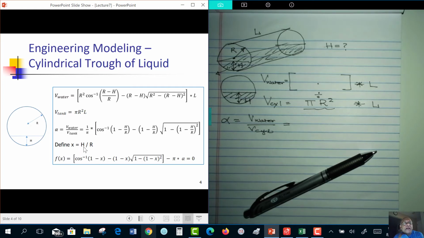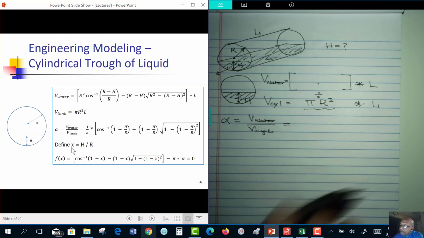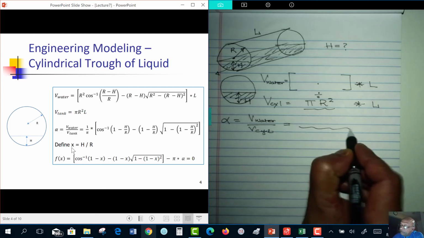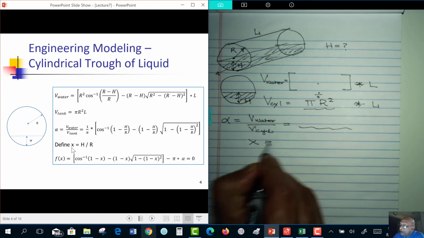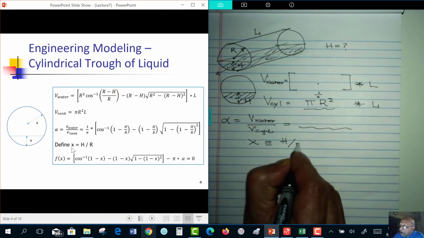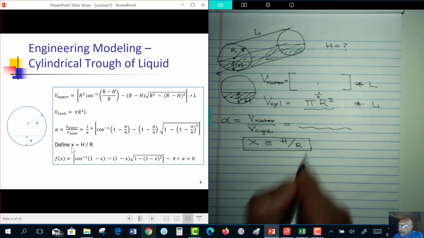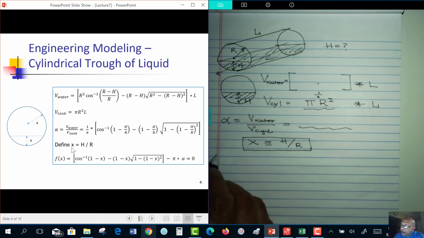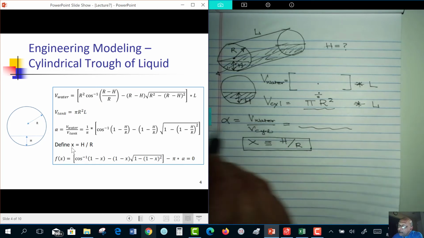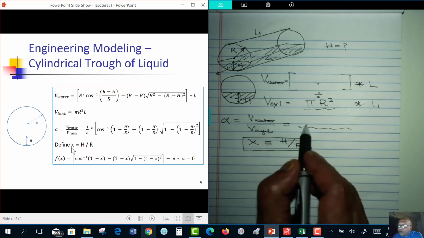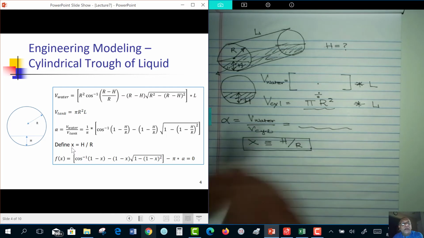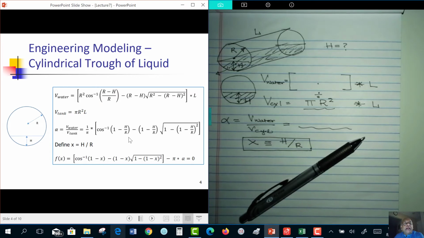And then if we define x as this ratio h over r, we can eventually even eliminate the radius. So we will get alpha is equal to all this equation, and in this equation you can see on the right hand side there is only h over r, which is equal to x.